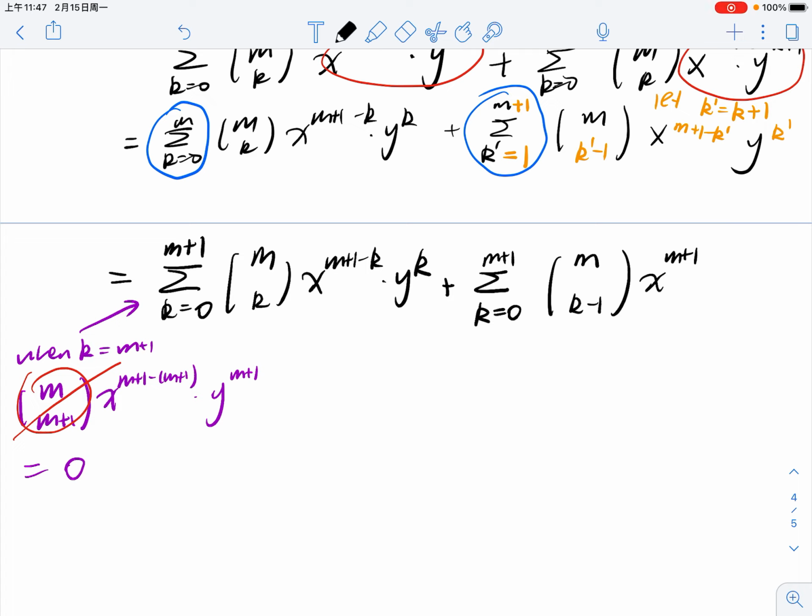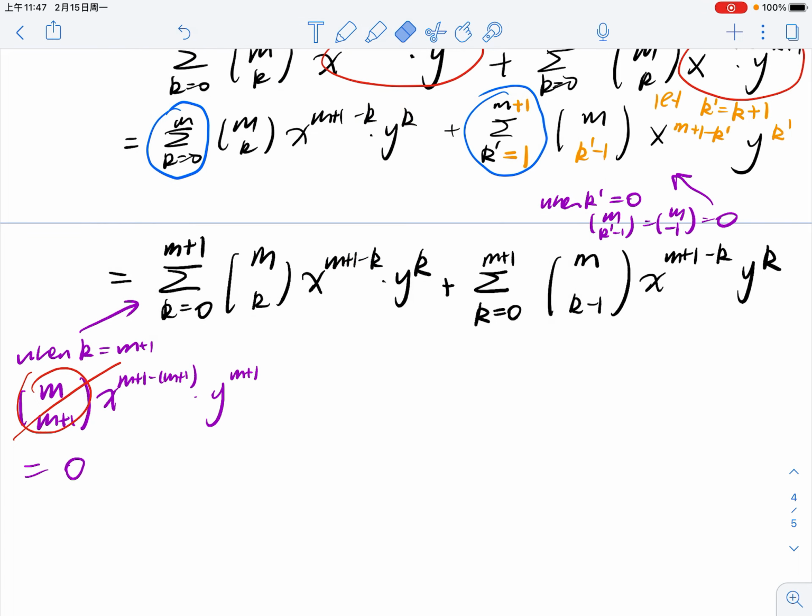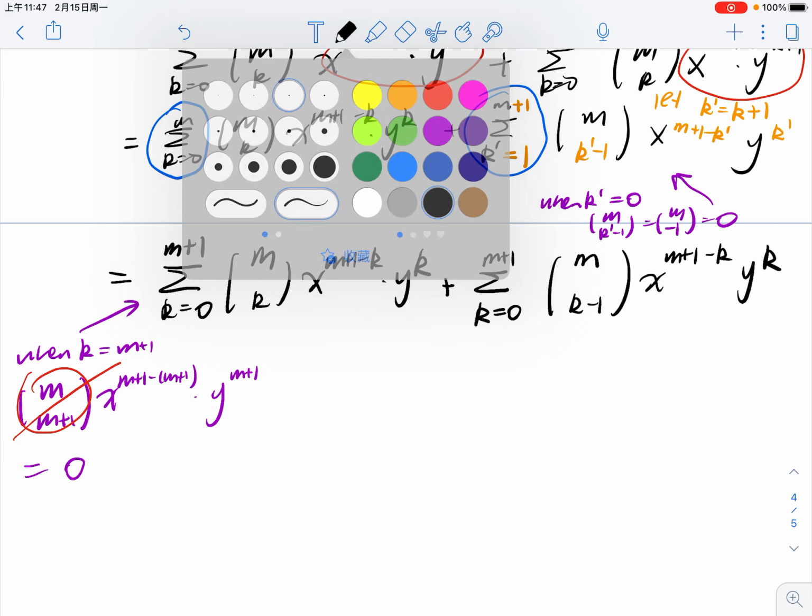But actually what we were doing is shift the parameter by 1. Okay, same reason. When k prime equals 0, m choose k prime minus 1 is m choose minus 1, which is 0. Therefore, it doesn't matter when you enlarge the region.